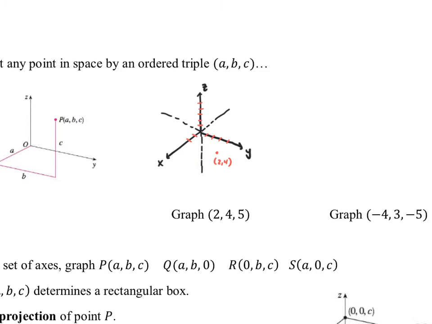But because we've been drawn along the x and the y, it may look like, I don't know, maybe that point is going to be somewhere. Hold on, my pen just got messed up. It's going to be maybe like here-ish. So maybe that's the point 2, 4, 5, roughly.